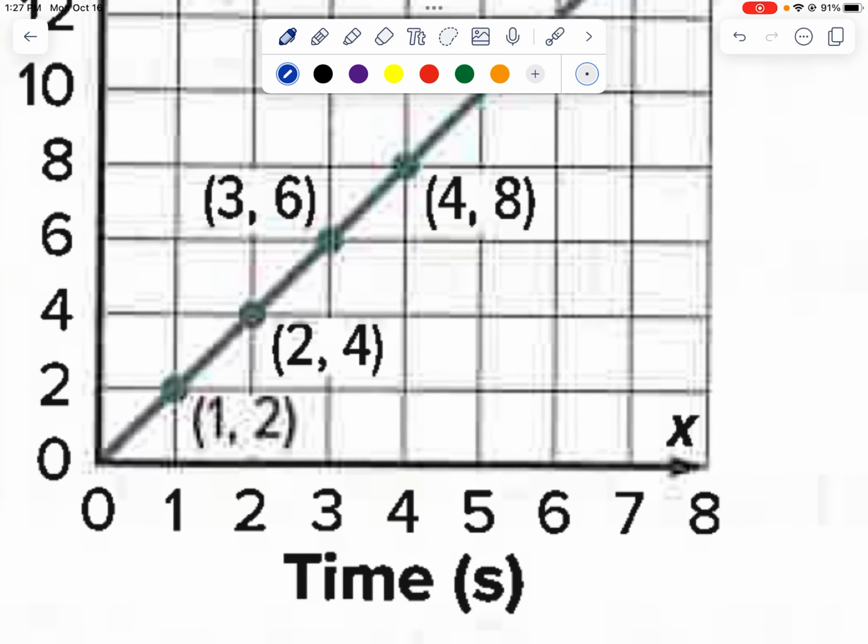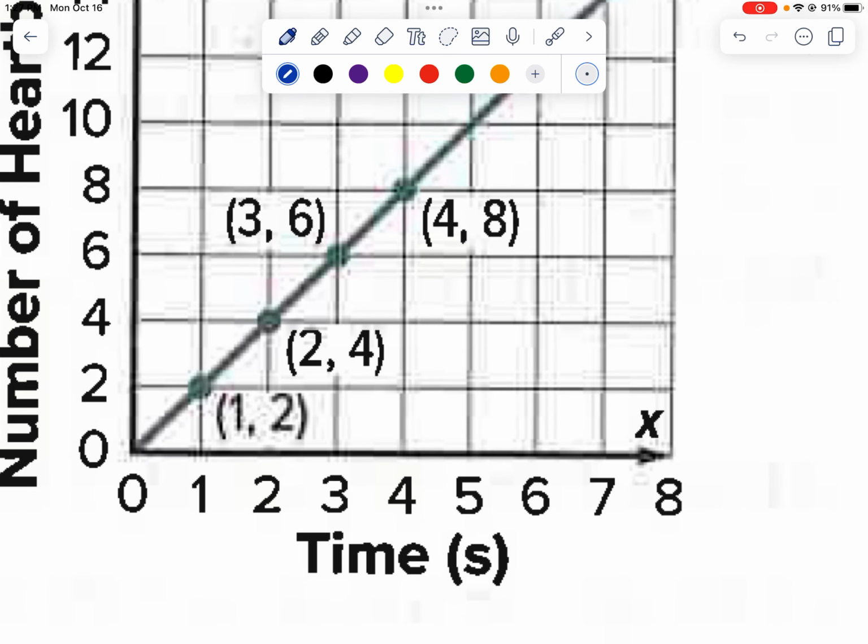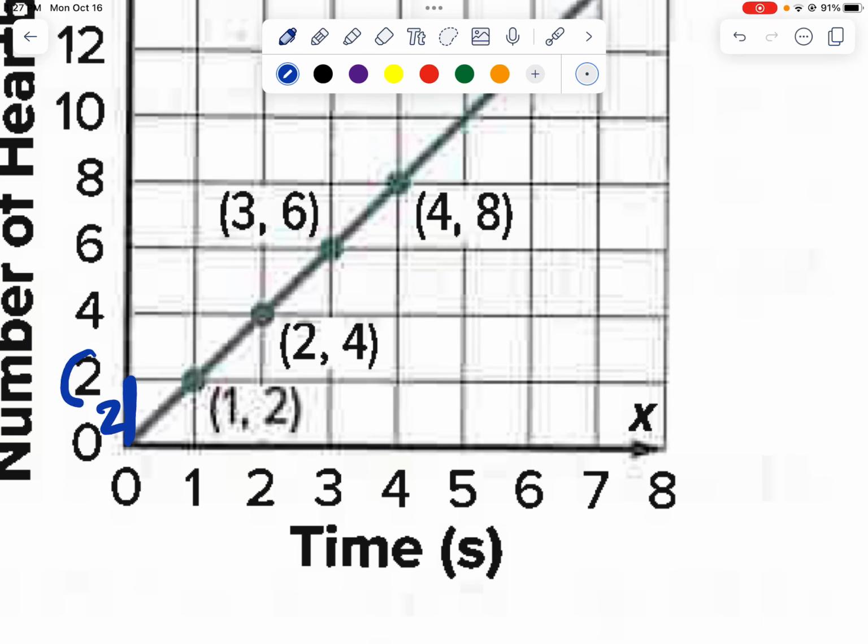So I have to come over here. From here to here, how much did it go up? It went up 2. It went up 2. How far over did it go? It went over 1. So 2 over 1. Or I could have picked these 2 points.